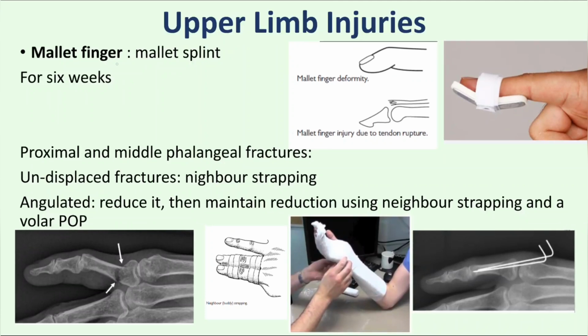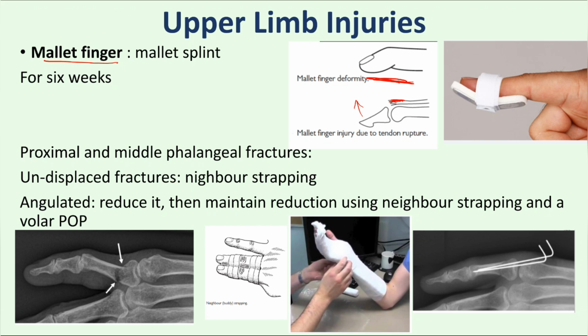We have mallet finger. In mallet finger, deformity happens like that. In mallet finger deformity, the extensor tendon at the distal phalanx or the tip of the finger is injured. Specifically, it is the tendon that helps straightening of the fingertip.